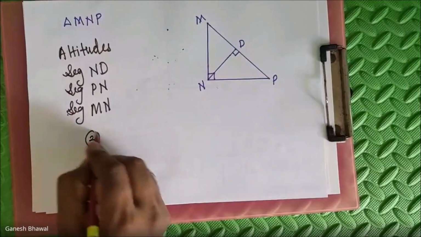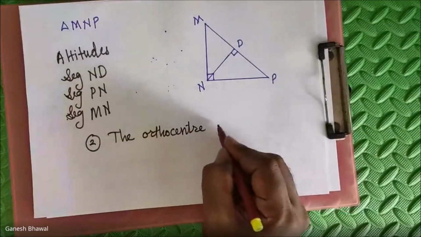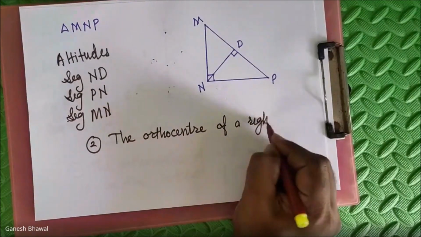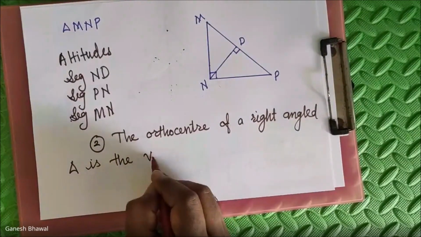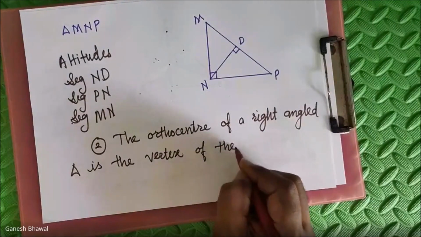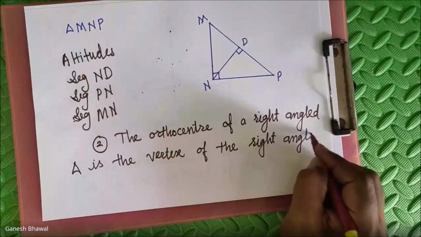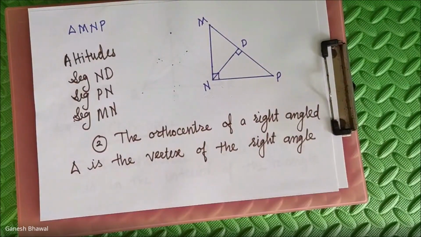And now the next point: the orthocenter of a right angle triangle is the vertex of the right angle, and here the vertex is N. This point is for the right angle triangle.